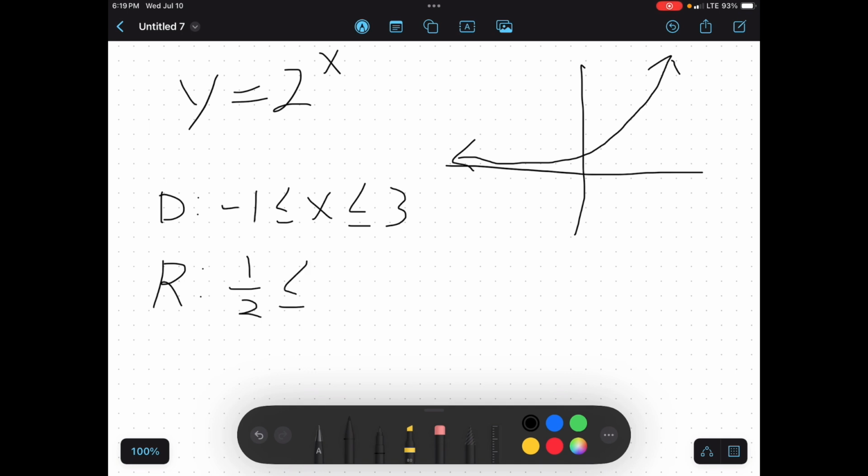And that will be less than or equal to y, which will be less than or equal to, well, what's the value when x is equal to 3? 2 to the 3rd power, or 2 cubed, which is 8.